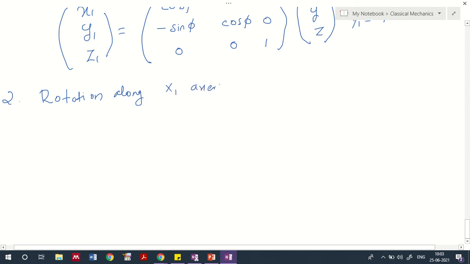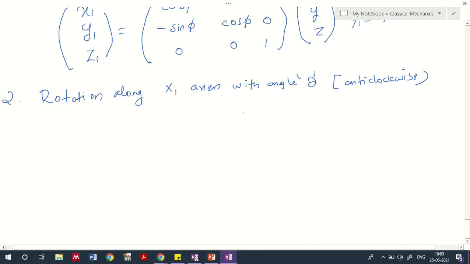We say that x1 will be equal to x2, so there will be no change along the x1 axis, with an angle theta. Theta, we already said, is called the nutation angle, and again the direction of rotation is anti-clockwise here. So the next step is rotation along the x1 axis with an angle theta in the anti-clockwise direction.